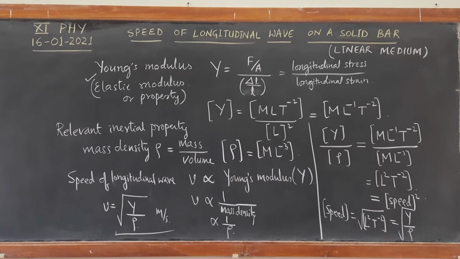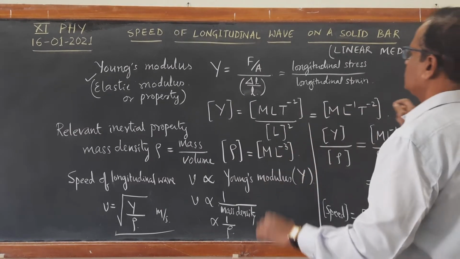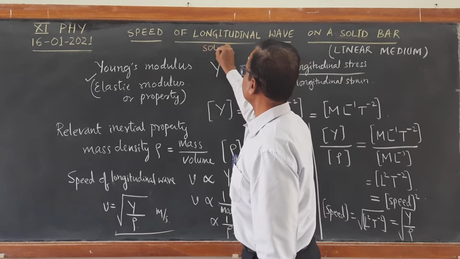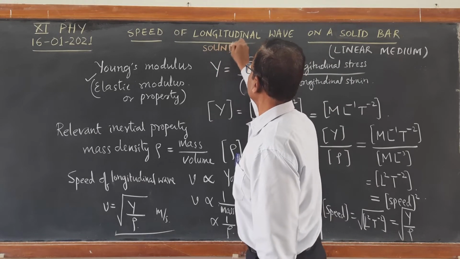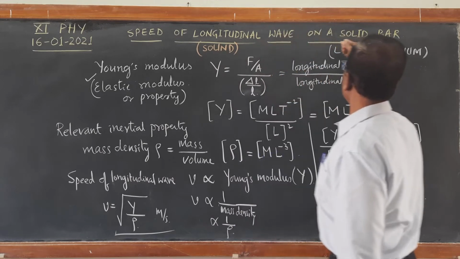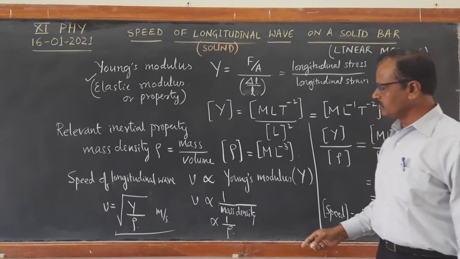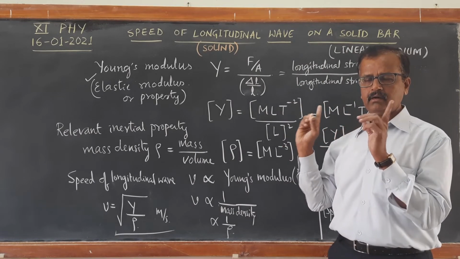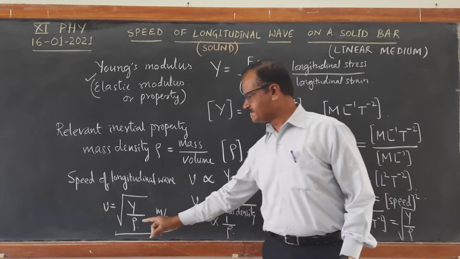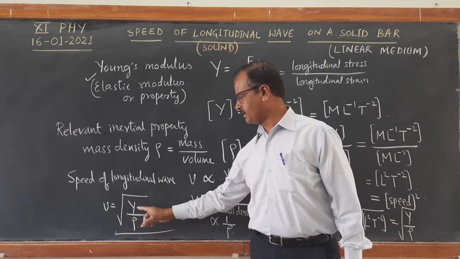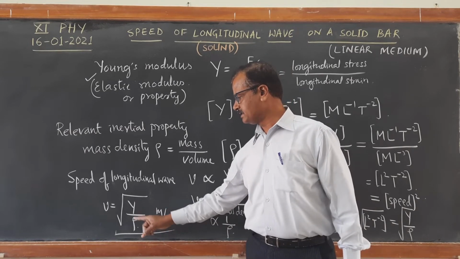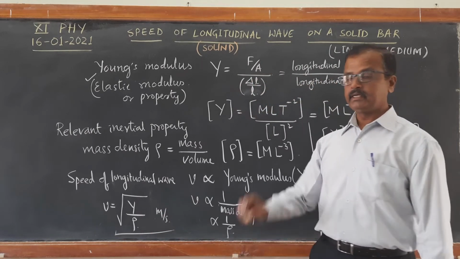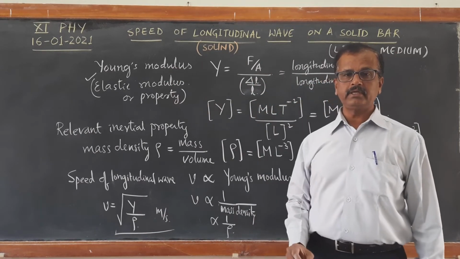So if it is a solid bar and you are asked to find out what is the speed of sound, sound is a longitudinal wave. So to find the speed of sound in a solid bar, you need to know the Young's modulus of that metallic bar or solid bar and its density. By the knowledge of Young's modulus and density, under the square root of that we directly get the speed of sound in the solid bar.